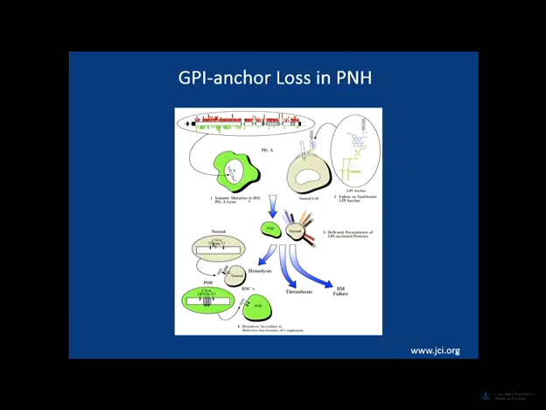And PIG-A encodes the glycophosphoinositol anchor right here. When this becomes mutated, it's shut off, and there are over 100 different proteins which can no longer be linked to the surface of a red blood cell. They're made, but they just get released into circulation. They're not on the red blood cell surface.